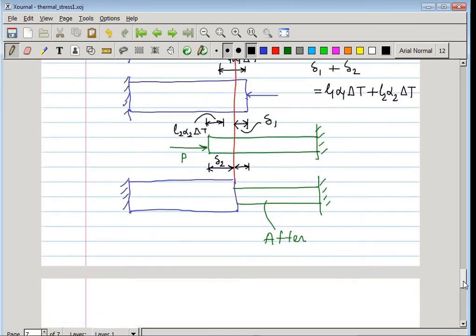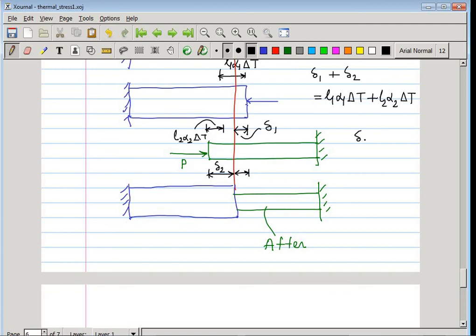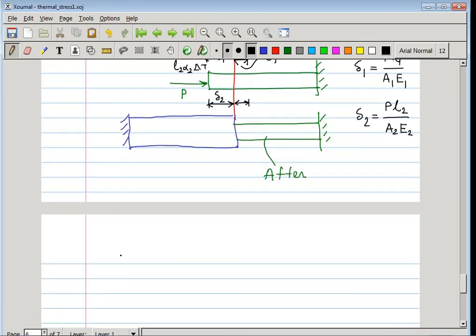So delta 1 is, now here you see delta 1 is P L1 by A1 E1, and delta 2 is P L2 by A2 E2. So P into L1 by A1 E1 plus L2 by A2 E2.